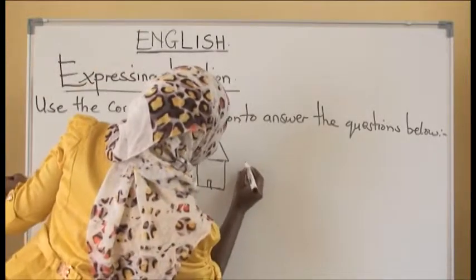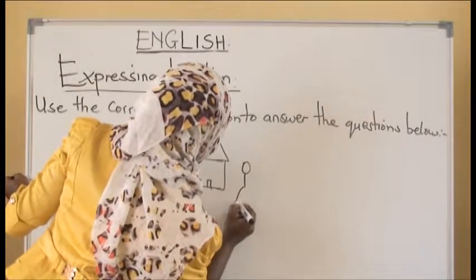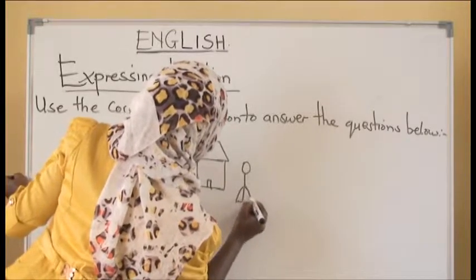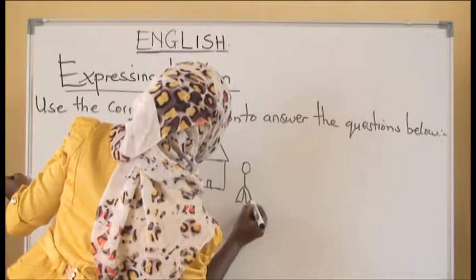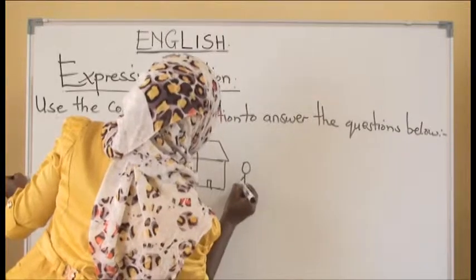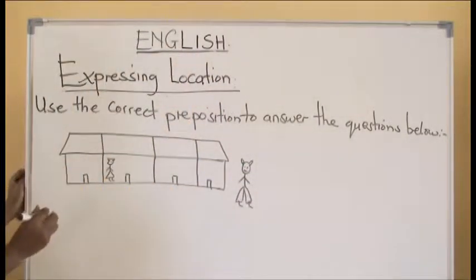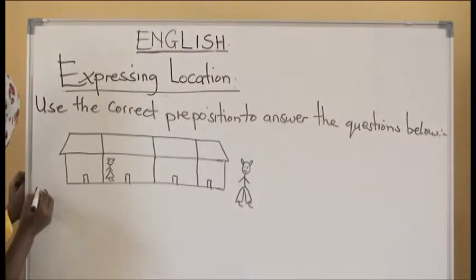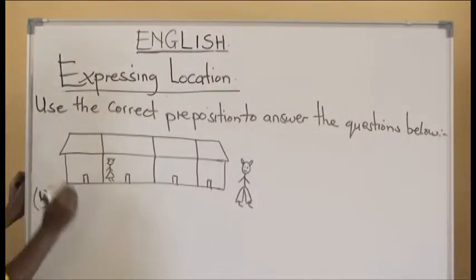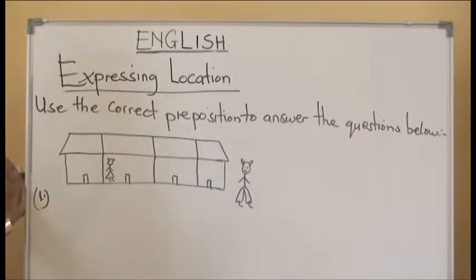But here, Ali is standing here. Then, our first question is asking, where is the girl?